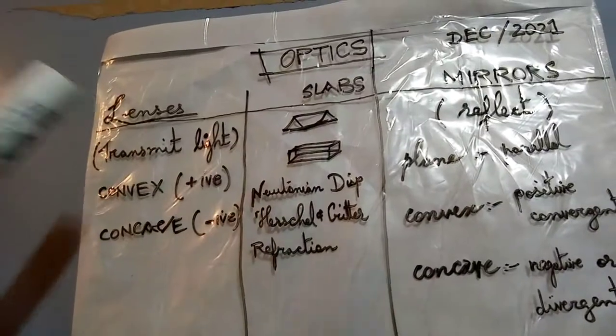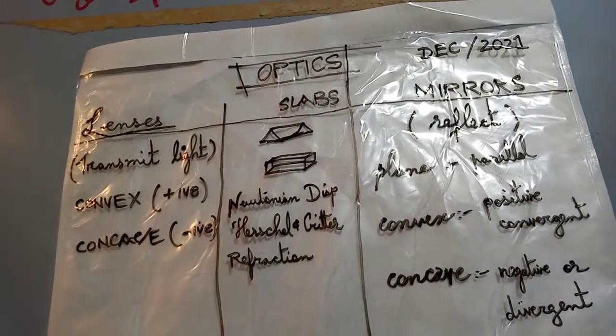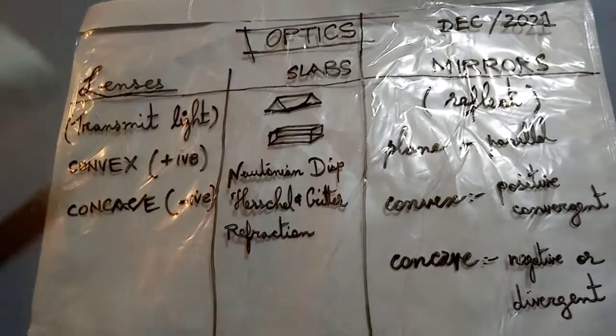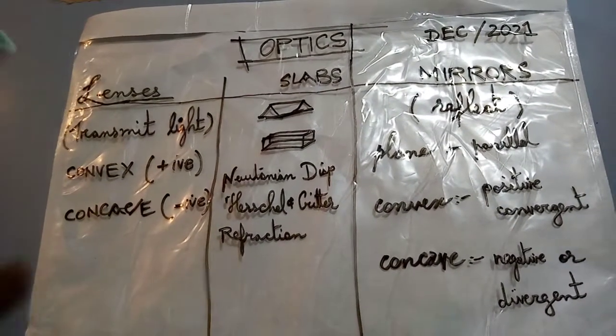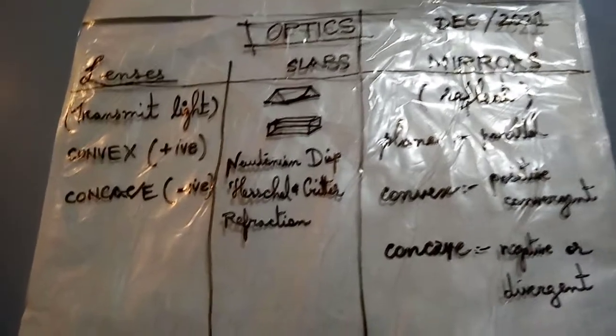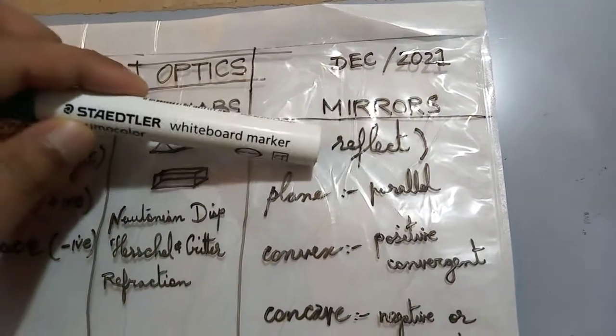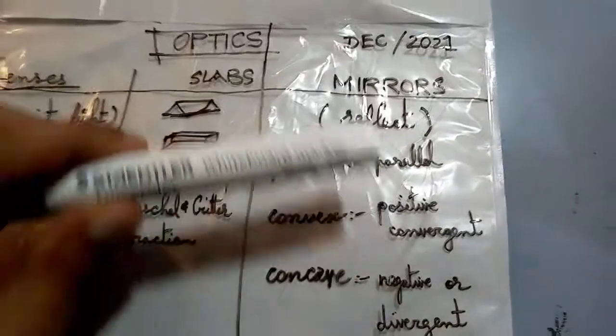Pupils need to appreciate the difference between lenses and mirrors. Lenses are a tool to transmit, focus, and converge or diverge light for varying purposes, whereas mirrors are specific tools to reflect light. Now, this is where it becomes confusing.